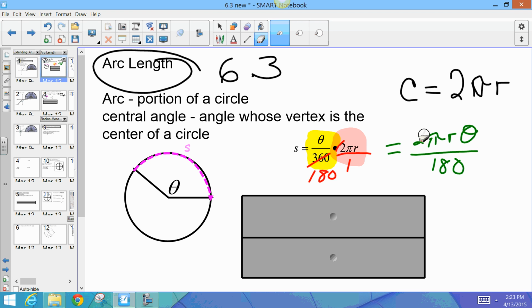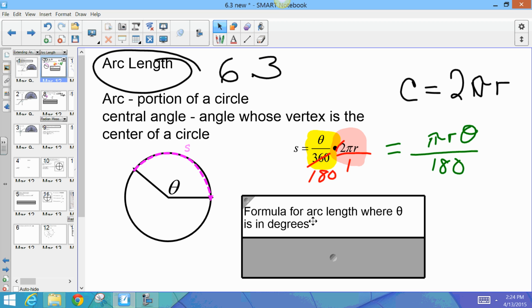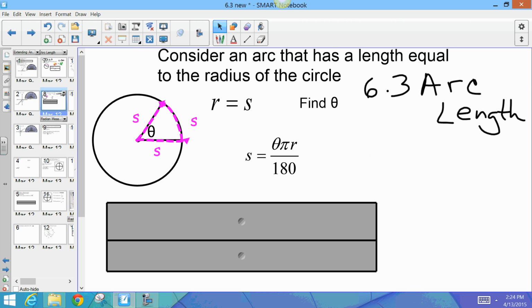So my formula for arc length is pi r theta divided by 180. The formula for arc length where theta is measured in degrees is S equals theta times pi times r divided by 180.